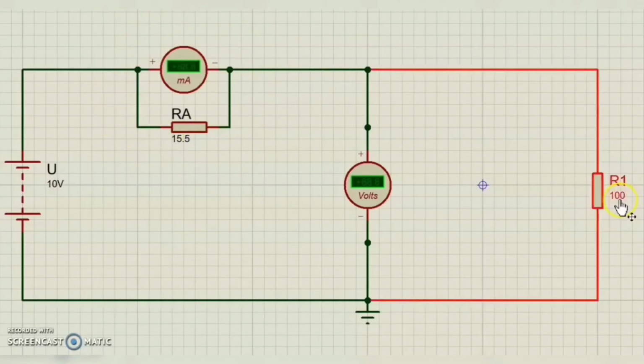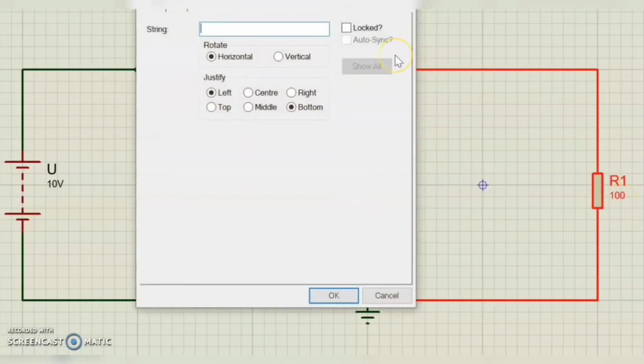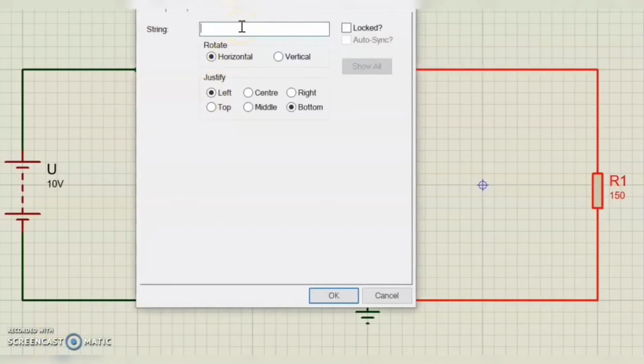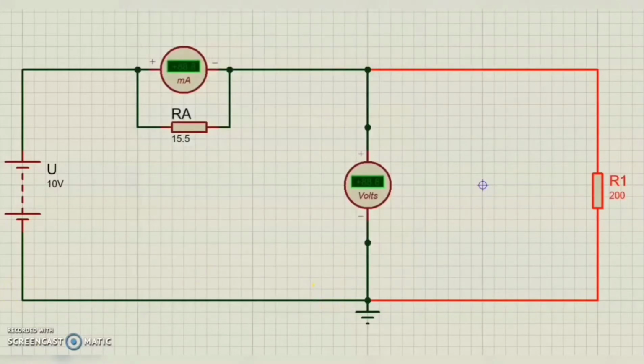We get 100 milliampere at the ammeter. Then we try to put 150. Then we get the output 66.7 milliampere. Then we put 2000 ohm. The output is 50 milliampere.